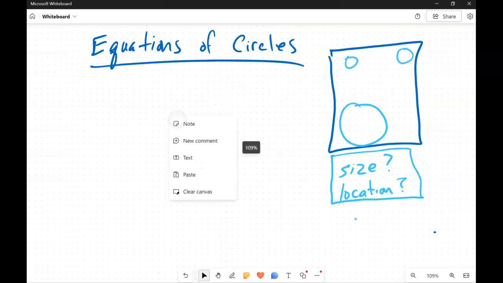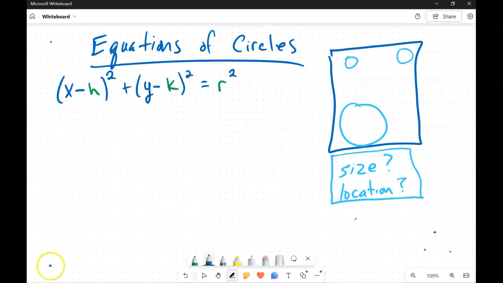The equation of a circle is represented in this type of equation. Now, you'll notice I've written this in two different colors. The components in blue, you can think about as the parts that do not change, in simple terms. The green parts are the parts that will change.